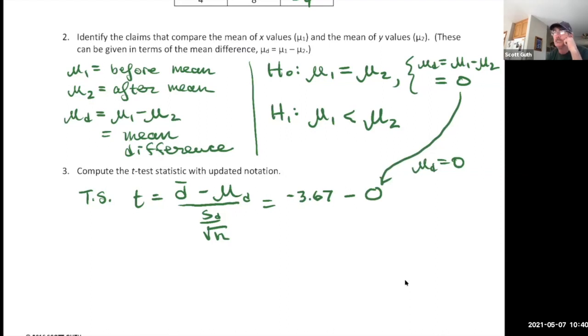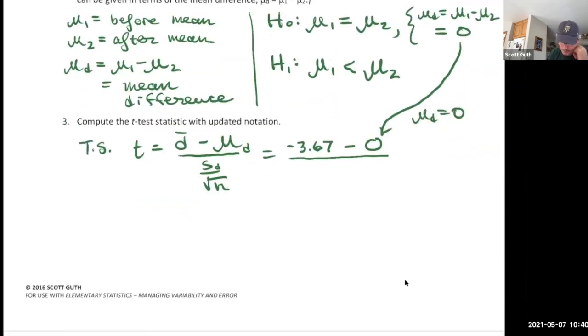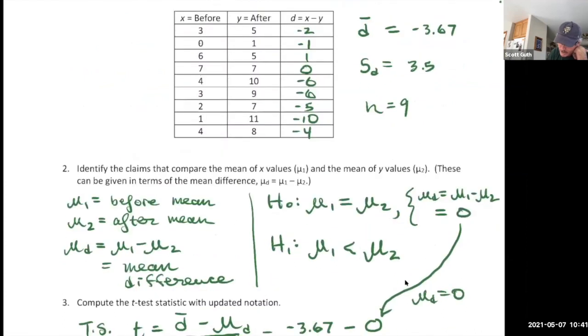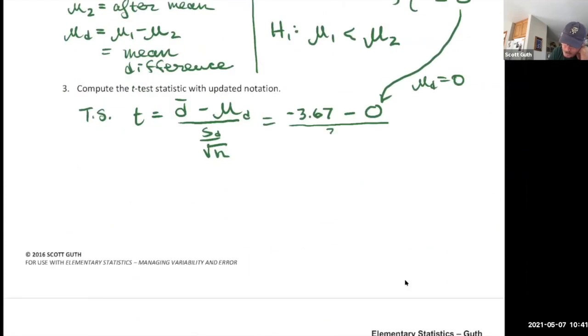So you're claiming that the mean difference is 10. And you'll see that in the homework, but that's the only time when you don't put in a 0. It's perfectly reasonable for someone to say that the change is this many pounds on average. You wouldn't say it's no change, you'd say there is a change. Okay. Standard deviation 3.5, and it's over the square root of 9.